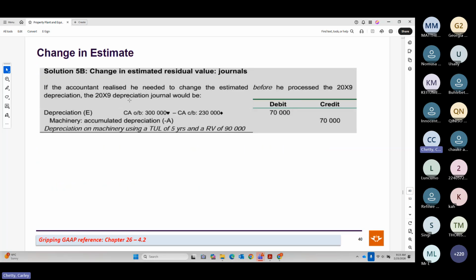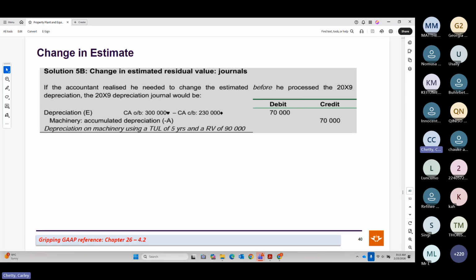So now we want to report the depreciation. The accountant realized that he needed to change the estimated residual value before he processed the 20x9 depreciation. So the 20x9 depreciation journal is now going to be debit depreciation with 70,000 and credit machinery accumulated depreciation with 70,000.